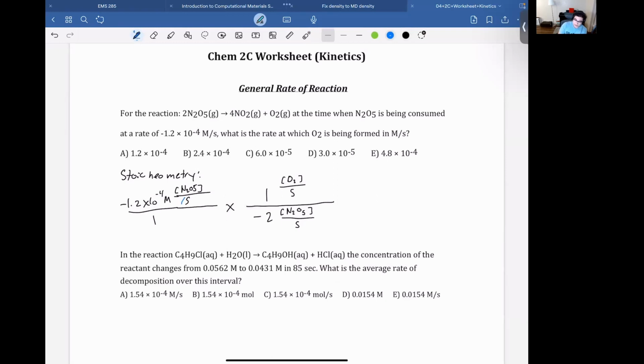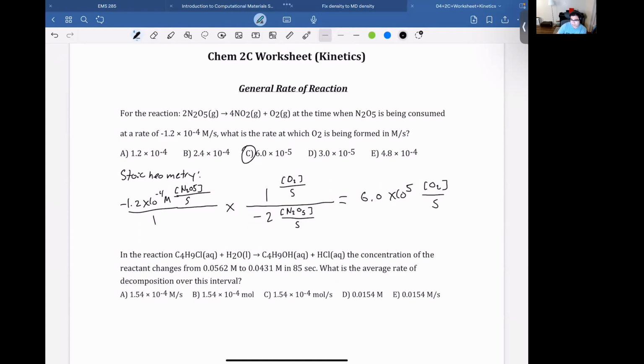You'll note that these units cancel out, right? Note the -2 on the bottom, so the negatives cancel out because you are consuming N2O5, so it should be negative. And then you end up getting 6.0 times 10 to the -5th. And then this is in concentration of O2. This is molarity per second.